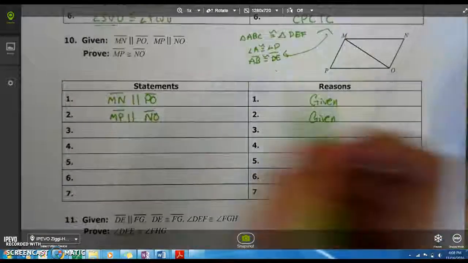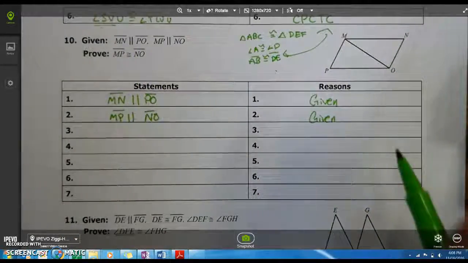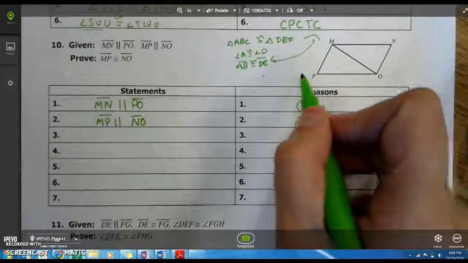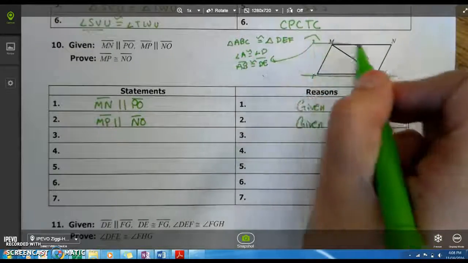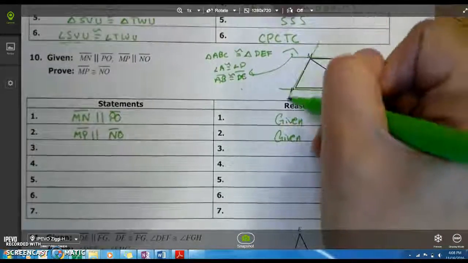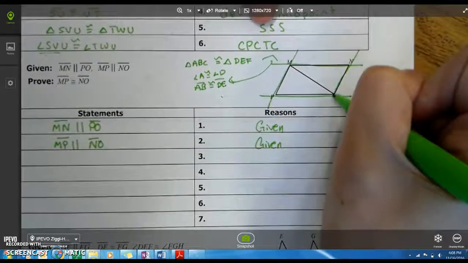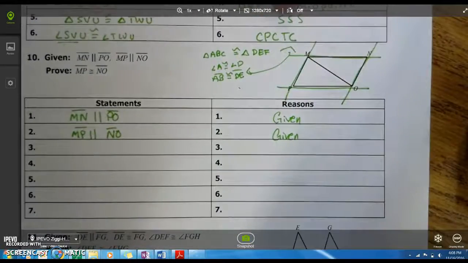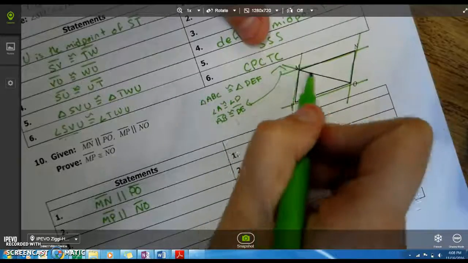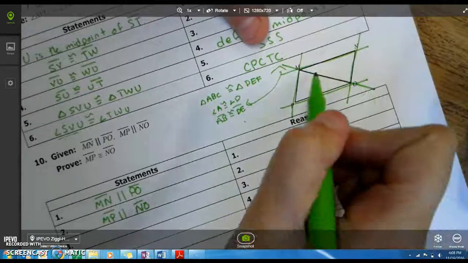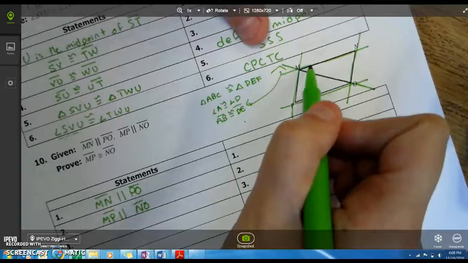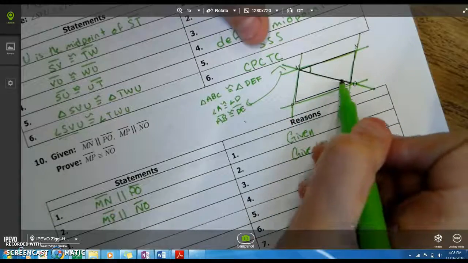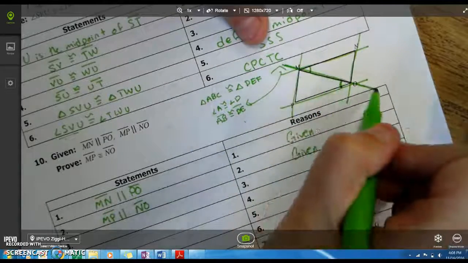Next one, I've got two sets of parallel lines, so this is one of those that's a little bit harder. Let's go ahead and extend these parallel lines to make it easier to see. And then I've got this transversal right here, right? So this is in between this parallel line and the one between it, and it's on either side of my transversal.